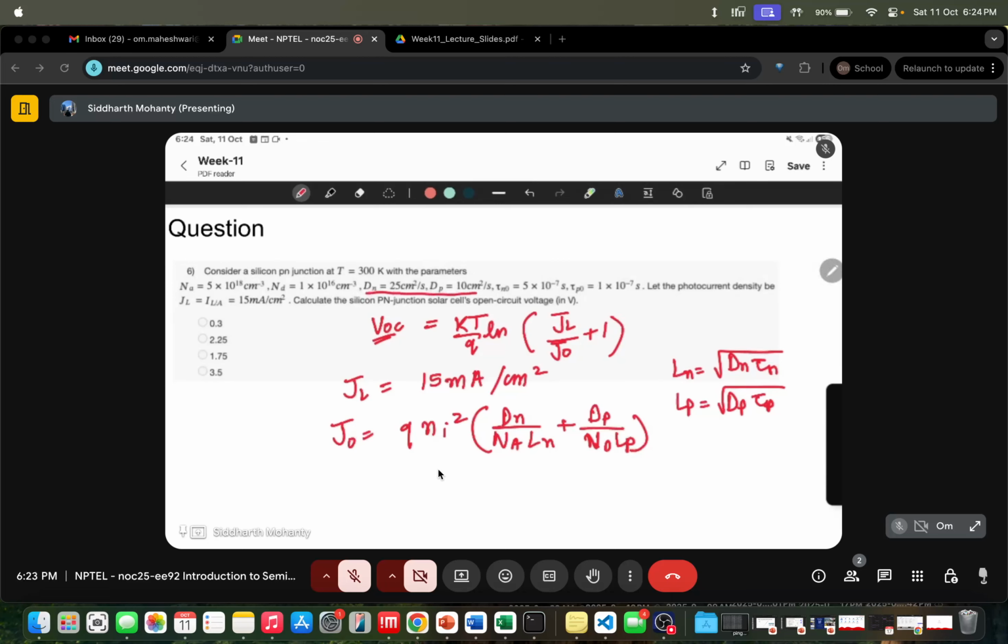Dn and Dp are given, tau n and tau p are given, so you can calculate Ln and Lp. NA and ND are also given. Ni you can take to be 10 to the 10 per centimeter cube. q is 1.6 into 10 to the power minus 19.